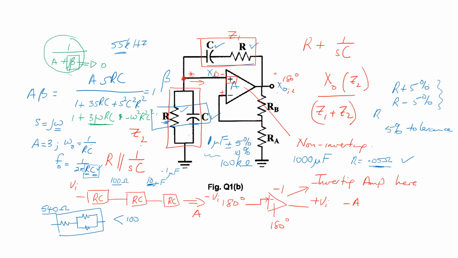In other words, when you do the substitution and you cross multiply and simplify it, everything with a j in it you will set to 0, and that's how you get the omega. Then the other part will tell you, once you get the omega, what A is going to be. You're going to get A in terms of RC, and that's where the 3 comes in.